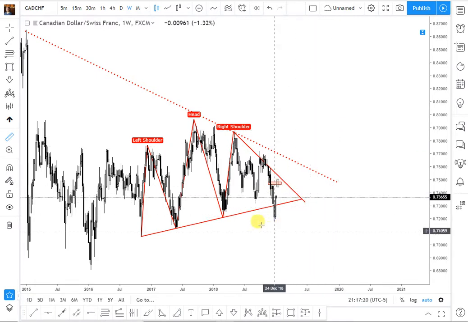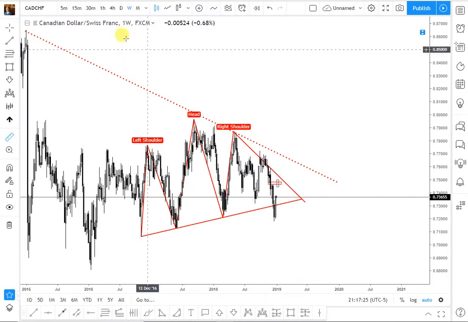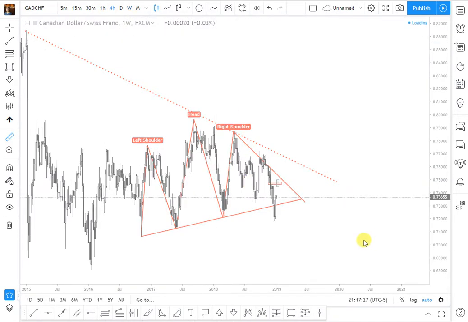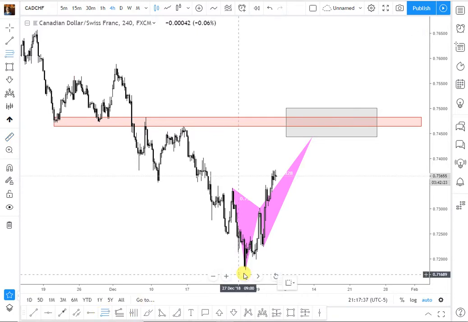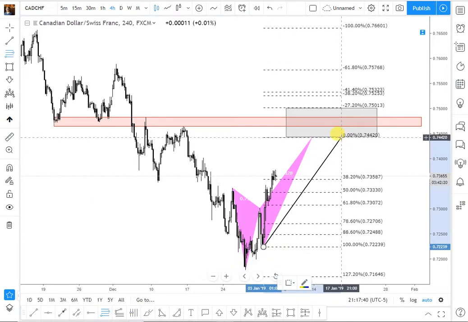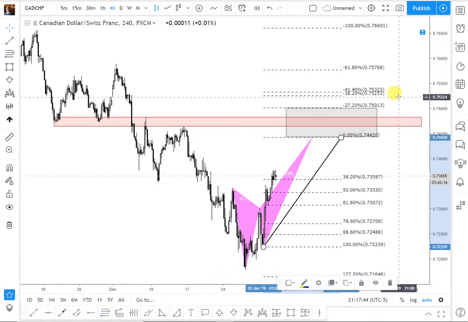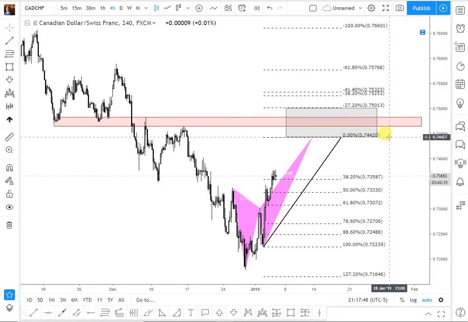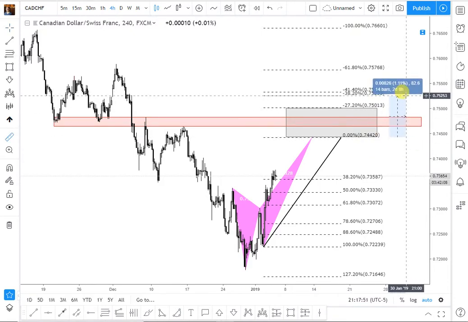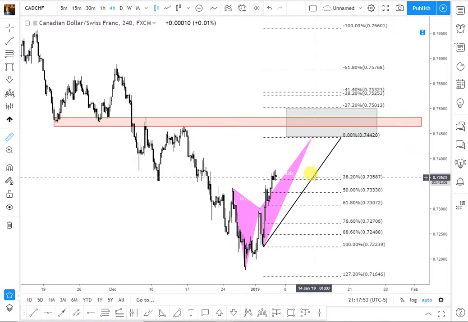That's too much. So if we enter with the crab pattern with this resistance channel on the 4-hour time frame, our stop loss will be less than this, around 80 pips, if it completes just with the crab.